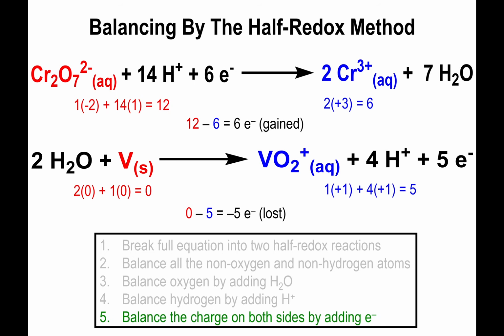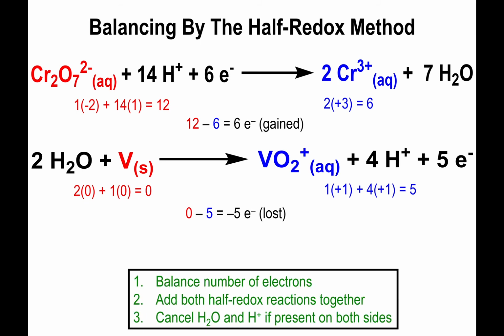All right, now this is the part of the half-redox method that some of you are gonna absolutely hate, and it's the fact that we now have a balanced half-redox reaction for each of the redox reactions, but we still want to come up with an overall balanced equation. So we're gonna have to balance the electrons, and that means that we're going to end up with a lot of high numbers for both the equations.